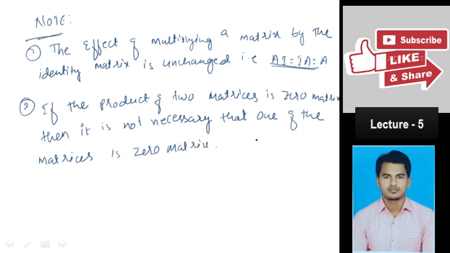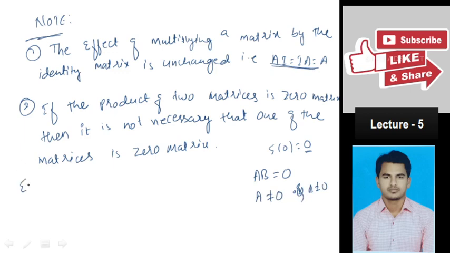Generally when we multiply numbers, 5 into 0 is only 0. But in the case of matrices, if we multiply two matrices and AB equals 0, remember that A need not be 0 and B need not be 0.